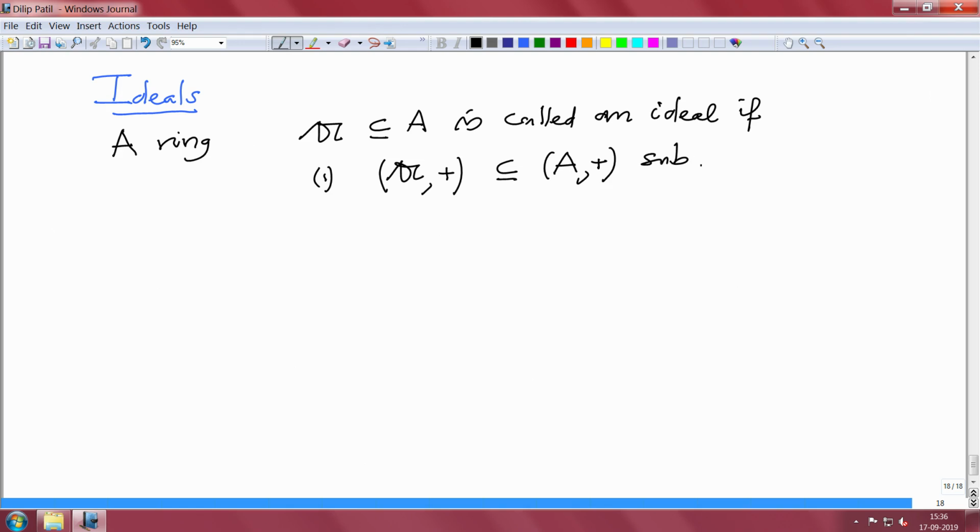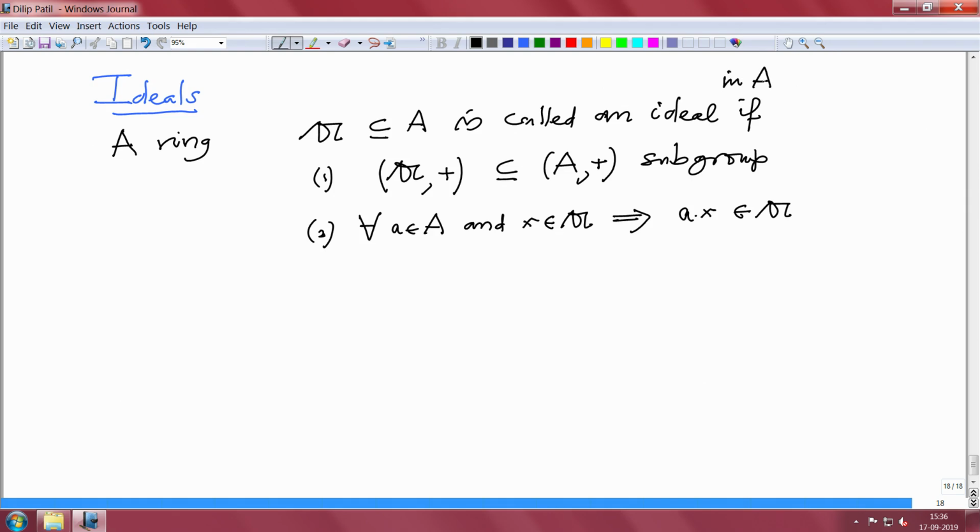And second, for every A in A and X in Gothic A, A times X, this is the multiplication in the ring, falls inside Gothic A. Then such a thing is called an ideal in the ring A. Ideal, to be precise, you could write in A.